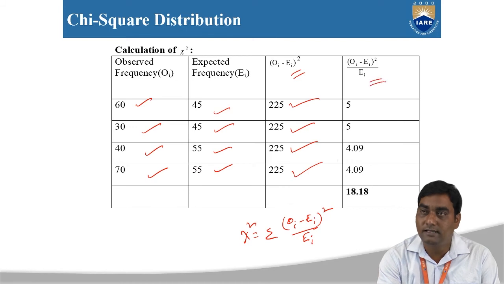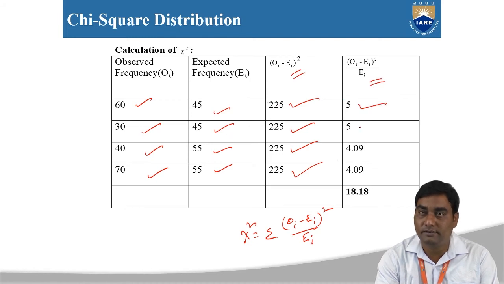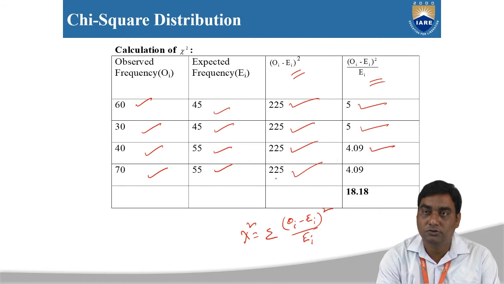Then divide by EI: 225 by 45 is 5, 225 by 45 is 5, 225 by 55 is 4.09, 225 by 55 is 4.09.